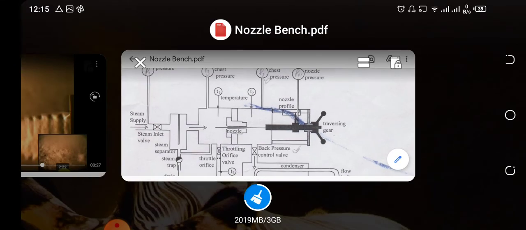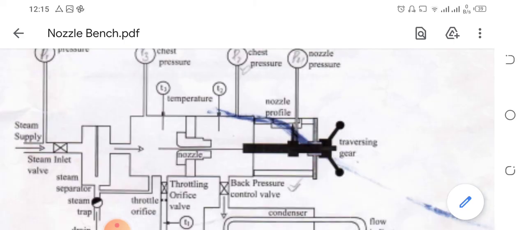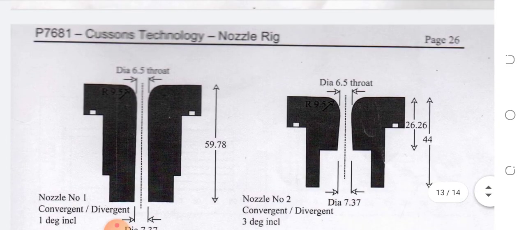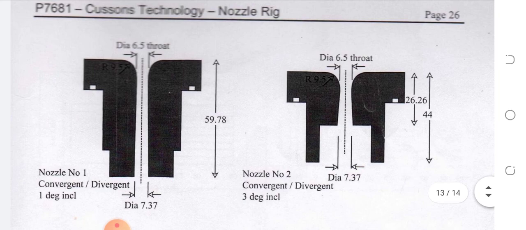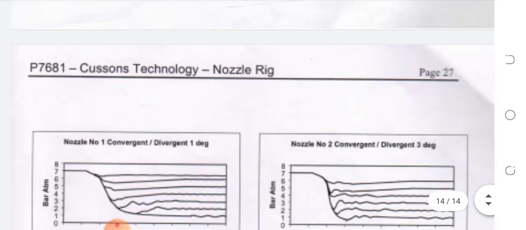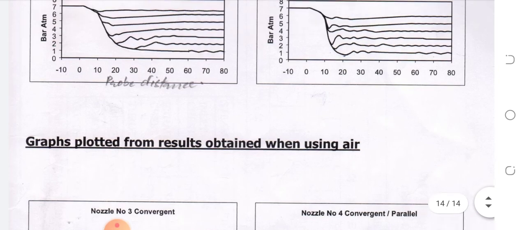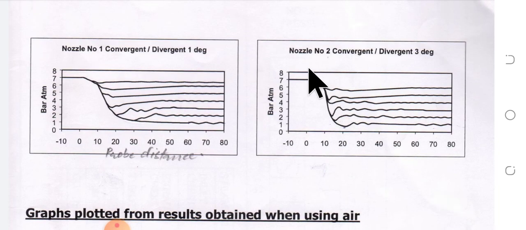So now we come to the graph which we intend to study. This is the profile of the nozzle that we are currently doing the experiment with: converging, divergent, 3-degree inclined. This is the actual graph of the converging-divergent nozzle, 3-degree.